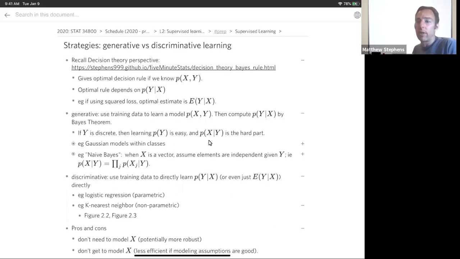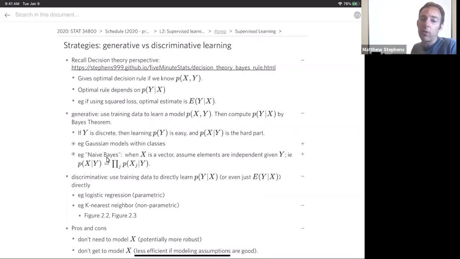But just to give you one example, maybe you think that the x's are continuous predictors and they're correlated with one another in some way. So you might fit a multivariate Gaussian model to x given y. That would be Gaussian models within classes. Another thing that people sometimes do is, even though x may be correlated, modeling those correlations can be hard if things are in high dimensions.